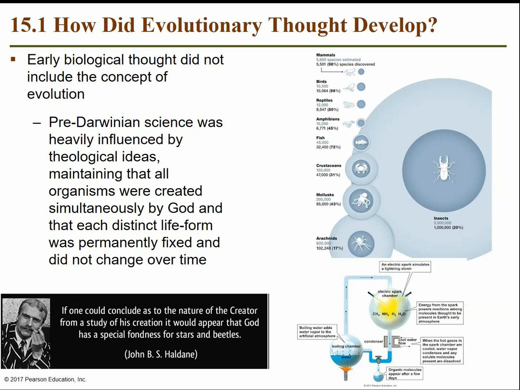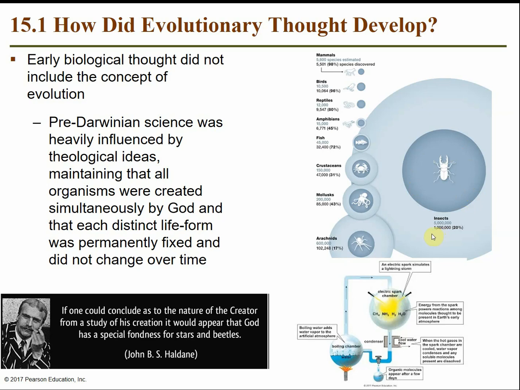Now we know a lot more about the diversity of species around the world. Here we're comparing our known and unknown. The lighter gray ring is our estimated number, and the dark blue is what we have actually discovered and documented. As you can see, insects make up by far the majority of the diversity and the numbers of species that we see.